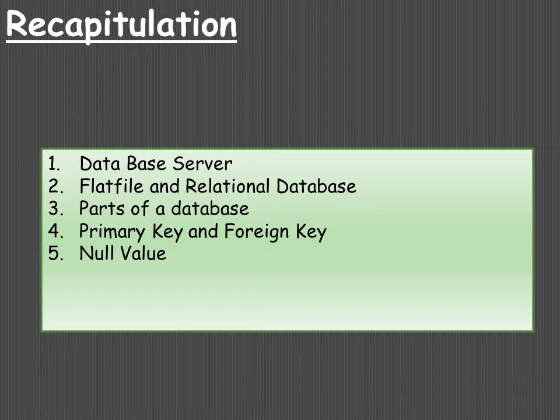Next, we discussed parts of a database, which is a very simple topic. Under parts of a database, we discussed table, which is a combination of rows and columns. Then we discussed record, that is a row, also known as a tuple. A complete set of information is known as a record.